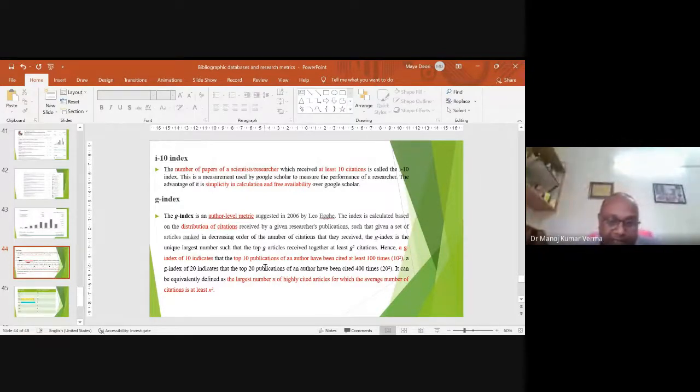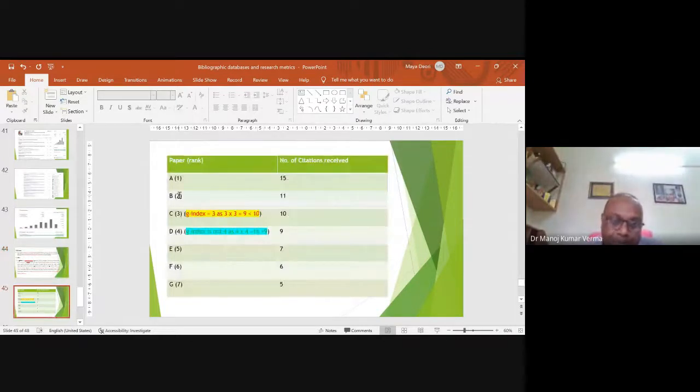So I calculated it here. See, this is the papers' rank. One paper has 15, the second paper has 11 citations, the third paper has 10 citations, and the fourth paper has 9 citations.